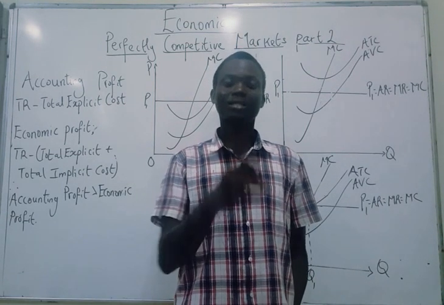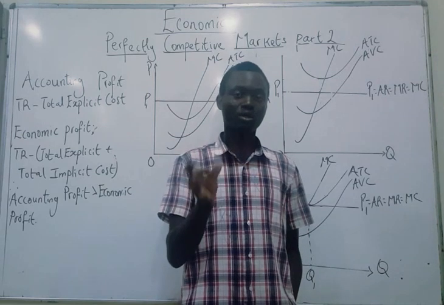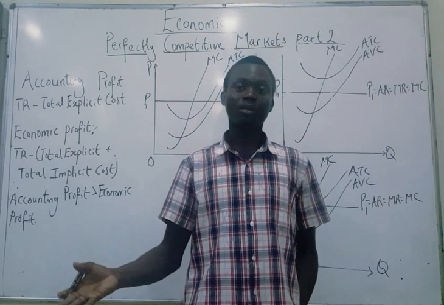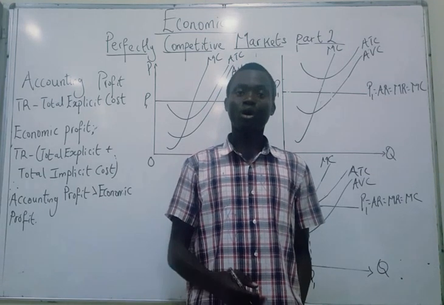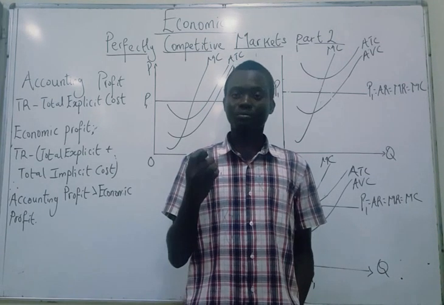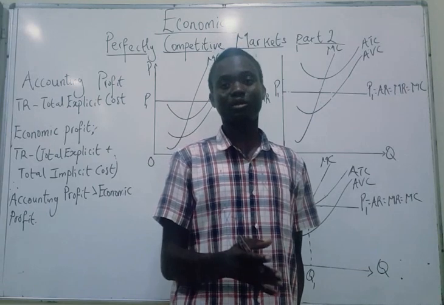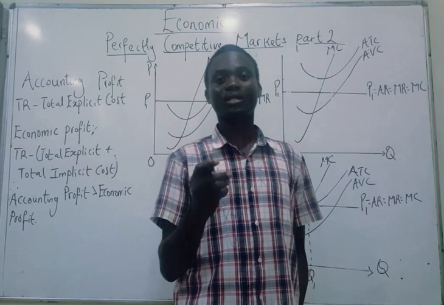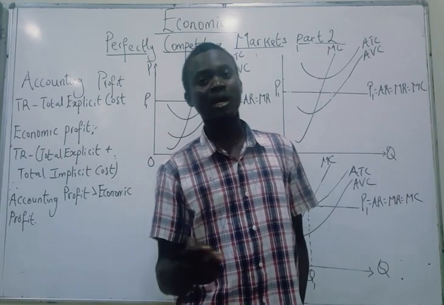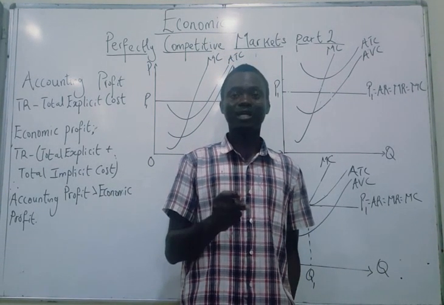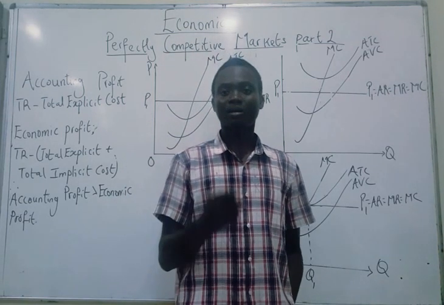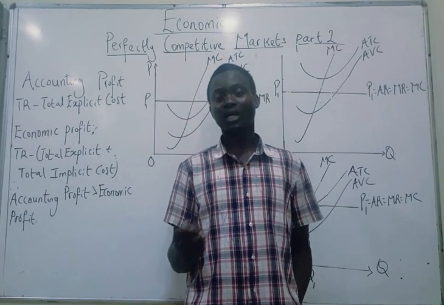Let's assume there are two choices: the land could have been used to build the plant on, or the land could have been sold. Simply because the land could have been sold for 200,000 naira, an economist would say that 200,000 naira is an implicit cost. So an economist is going to take note of that when calculating economic profit. That is why the accounting profit and the economic profit are not going to be the same.